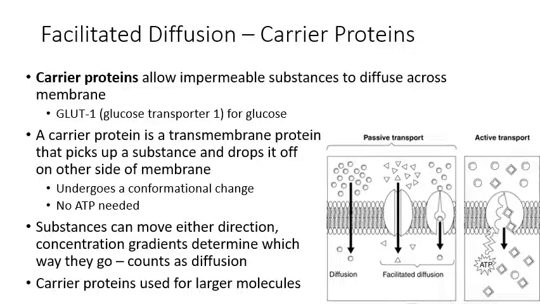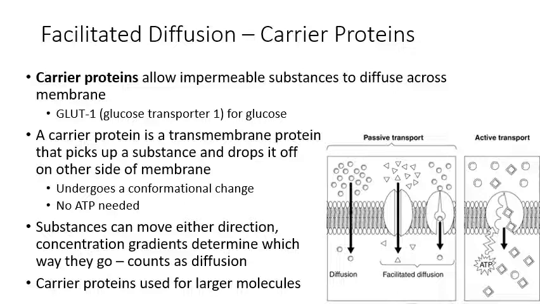It'll go either way. Which way the substance actually ends up traveling depends entirely on its concentration gradient. So if this substance has a high concentration outside the cell and a low concentration inside the cell, a carrier protein or a channel protein would always carry that substance from the outside to the inside.